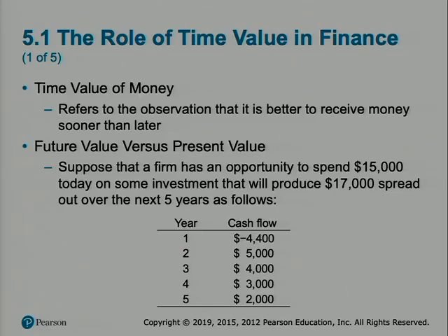Now, we have future value and present value. So future value is calculating what the money will turn into in the future, sort of like compound interest. You put the money in an investment, it's going to grow at a certain percentage. What will that be in the future? Also, present value. We could take money and transport it to today. So we could take future money and bring it to today's value, or we could take today's money and put it into the past somewhere for comparison.